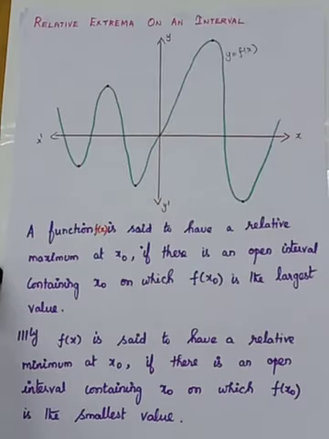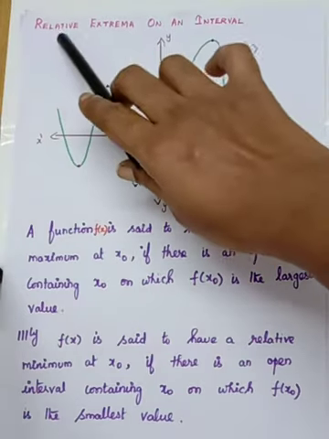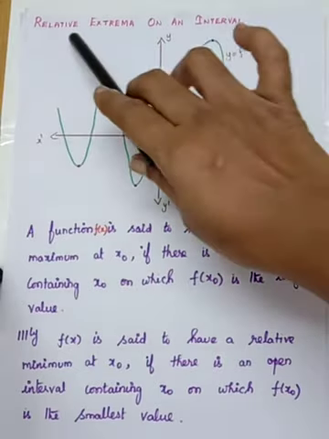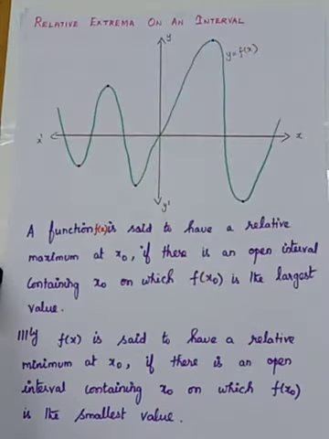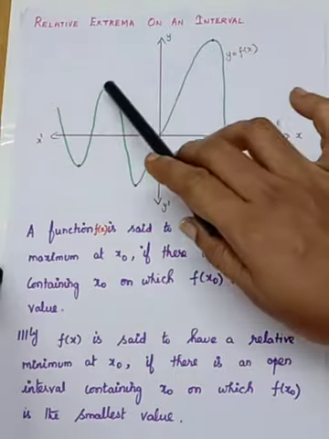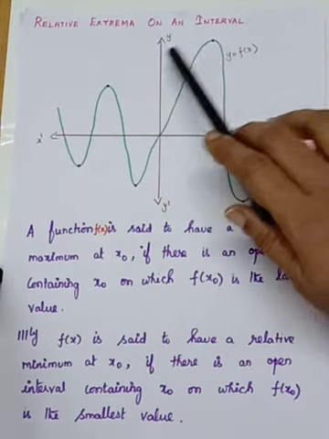So, we are moving to the next topic, relative maximum and minimum. That is called relative extrema on an interval. Instead of relative extrema, we can say local extrema, that is local maximum and minimum on an interval. See the graph y is equal to f of x, simply I have drawn it. You see these 2 points.